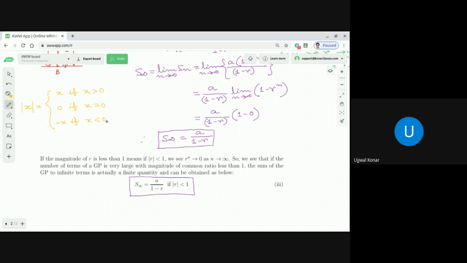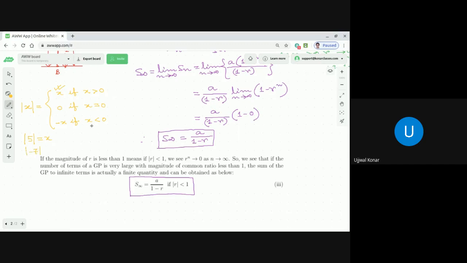Correct, dear students? For example, let's find the value of mod 5. 5 is greater than 0, so it comes to the first branch of the definition, that is x. Let's take the value of mod of minus 7.